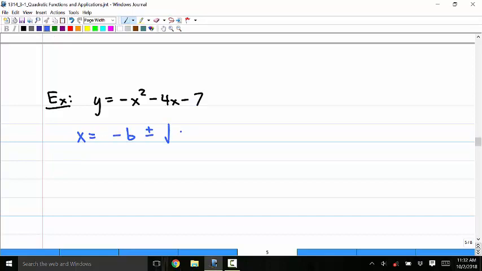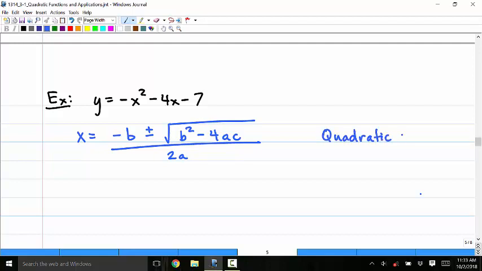Maybe. X equals negative b plus or minus the square root of b squared minus 4ac all over 2a. That's called the quadratic formula. You're going to use the quadratic formula to find x-intercepts.